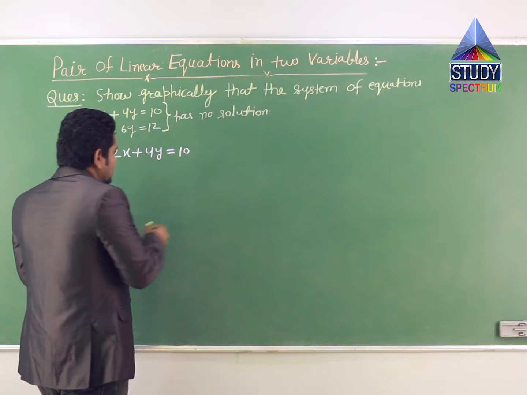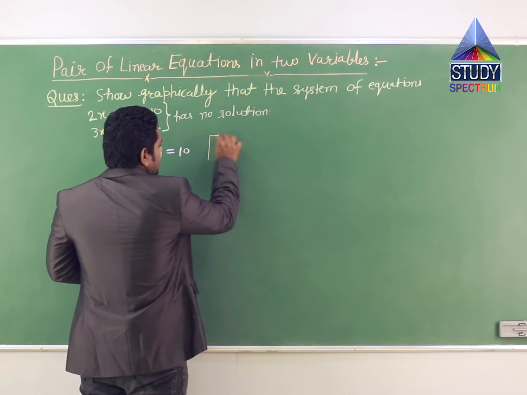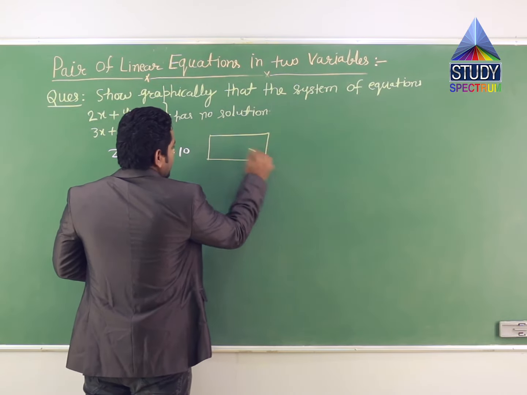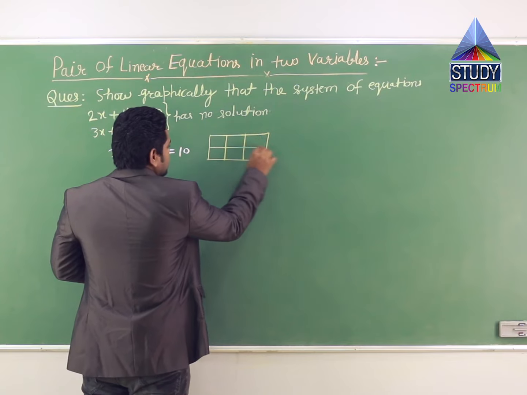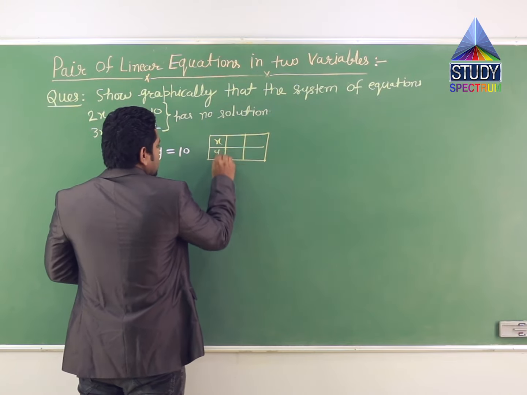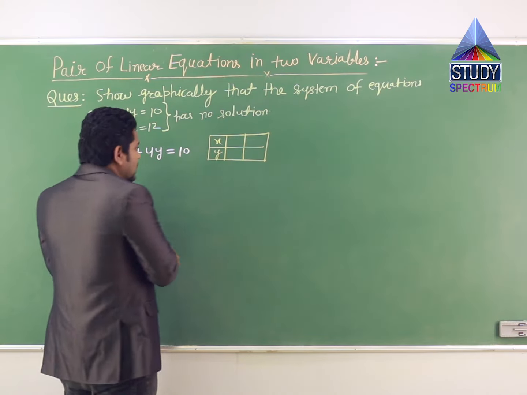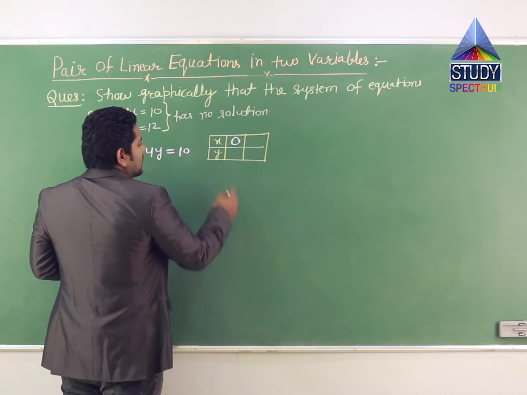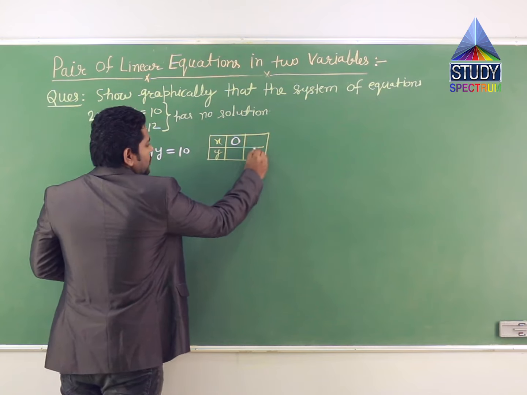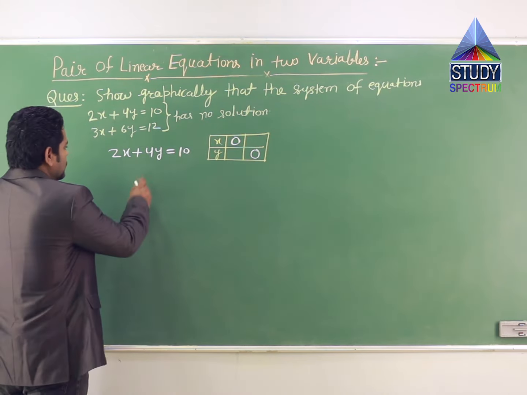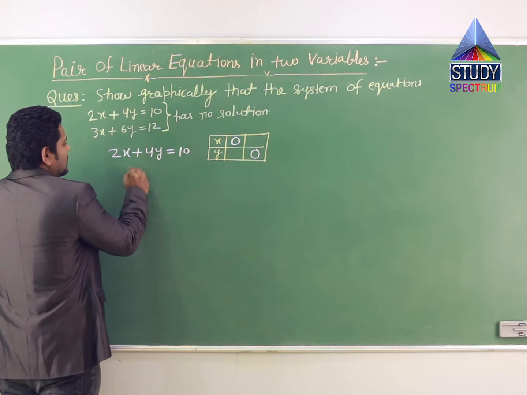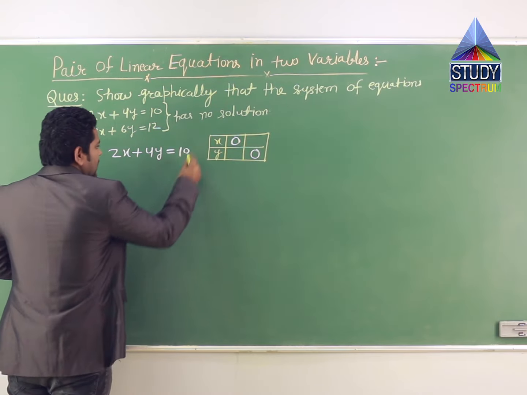Just make a table for this: x, y. For getting one point, we'll put x equal to 0, and for getting the other point, we'll substitute y equal to 0. This is the L1 line.